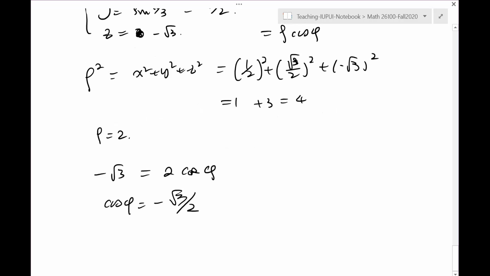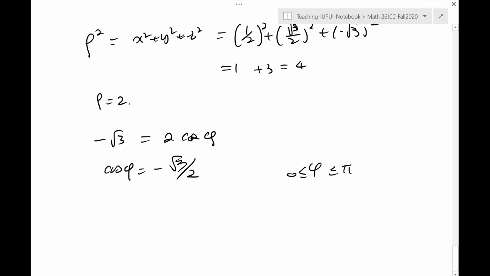Phi must be greater than pi over 2, right? Phi is between 0 and pi. So the only solution you're going to get here, I think, is phi equals pi minus pi over 6. Okay, so that is phi.